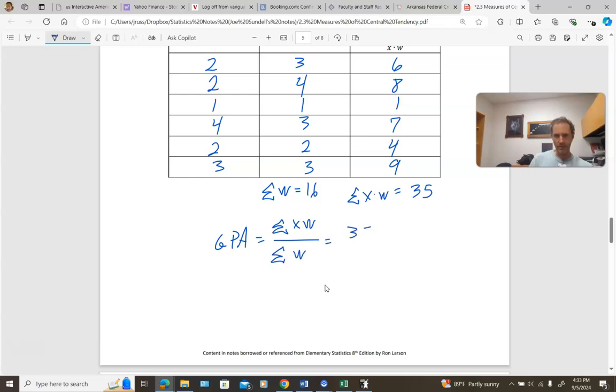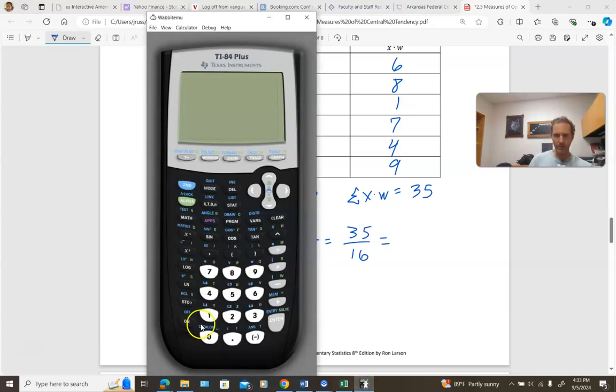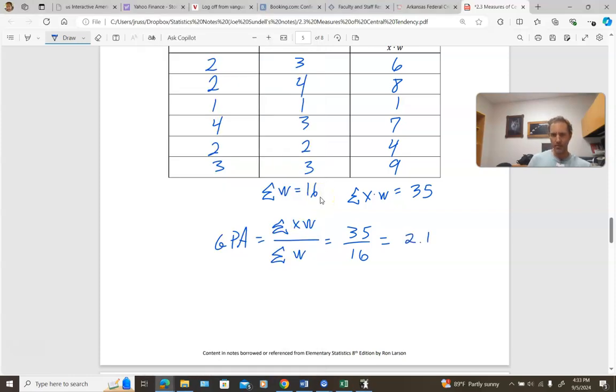So this will end up being 35 divided by 16. And if we look at this in the calculator, we get, typically you'll round these to the hundredths place, or 2 decimal places, so this would be 2.19. That would be the GPA for this particular student.